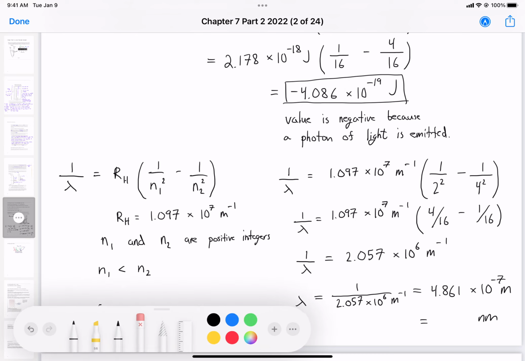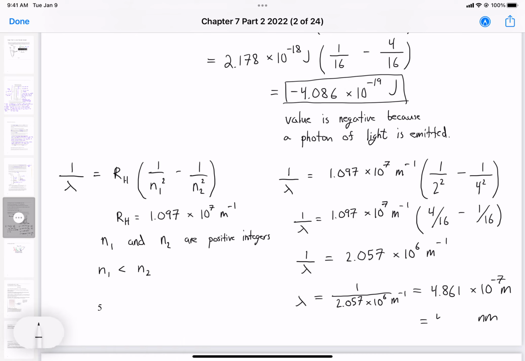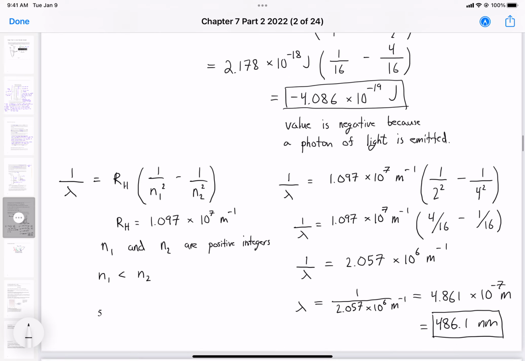So this gives us the wavelength of the light here, of the light associated with the energy between the two energy levels. Okay, so that's our value here. So we can also calculate the wavelength of light too. And using this wavelength, we can then convert it back to energy.